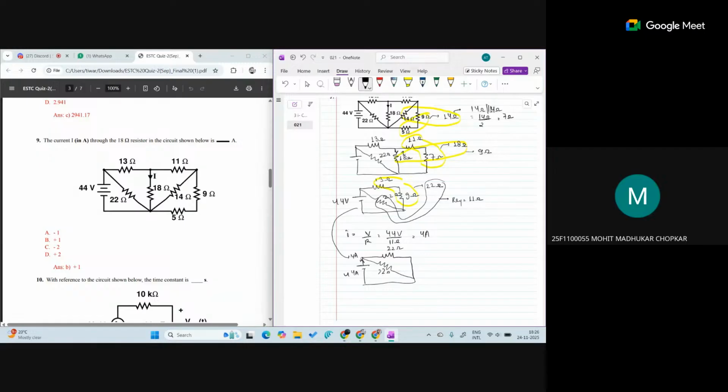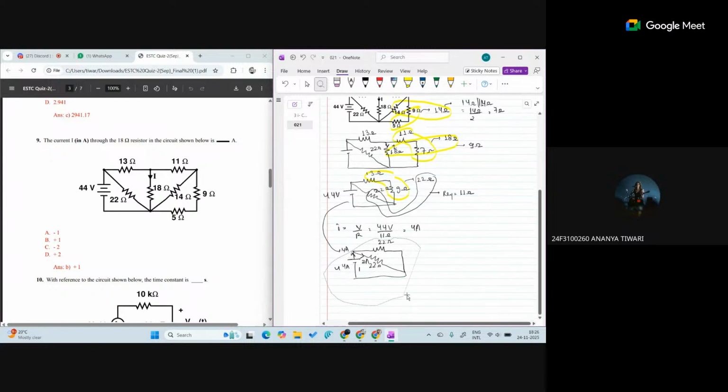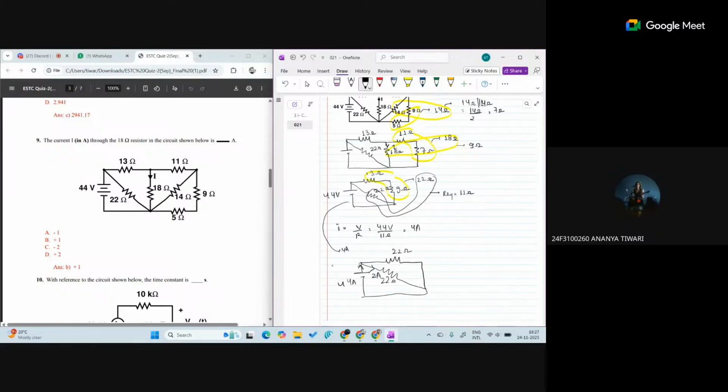Is this thing clear with everyone? This will get divided into 2 ampere and 2 ampere. And again, we can draw this whole thing here.